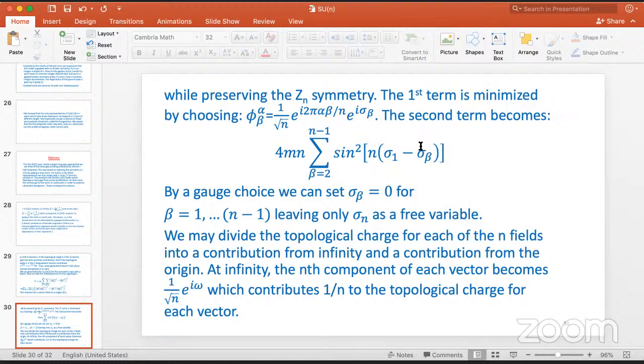And so we get the analog of the SU(2) term, a U(1) term, but now we can divide the topological charge for each of the n fields into a contribution from infinity and a contribution from the origin. At infinity, the nth component of each vortex becomes 1 over root n e to the i omega, which contributes 1 over n to the topological charge for each vector.